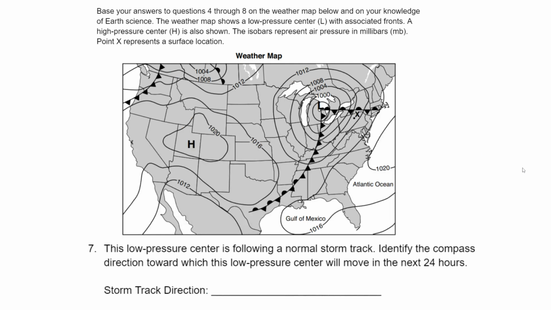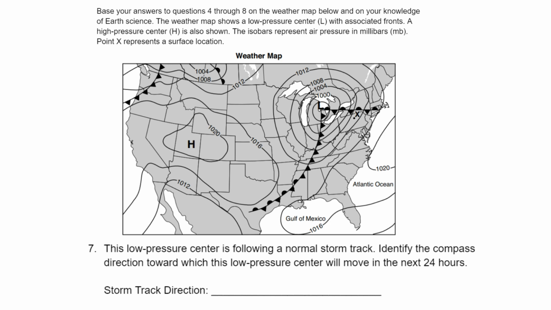So number 7, this low pressure center is following a normal storm track, meaning it's following the path of a normal, regular, typical storm in the U.S. Identify the compass direction towards which this low pressure center will move in the next 24 hours. So, which direction do you think this whole low pressure center or storm will move?